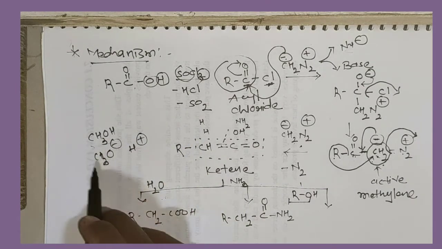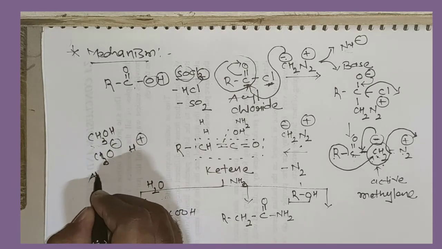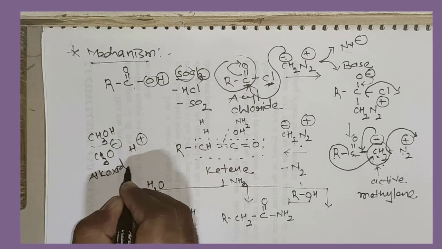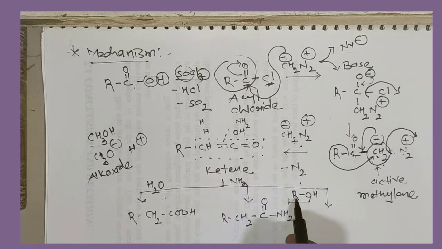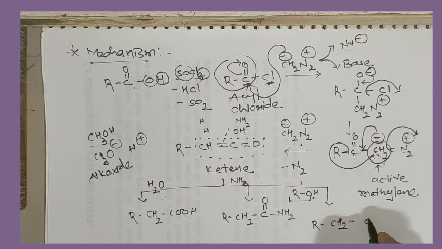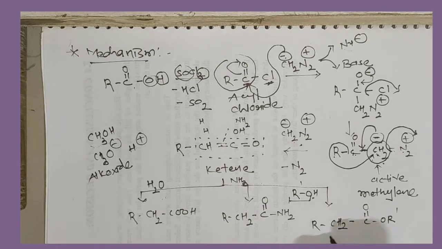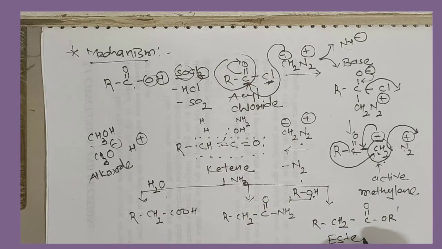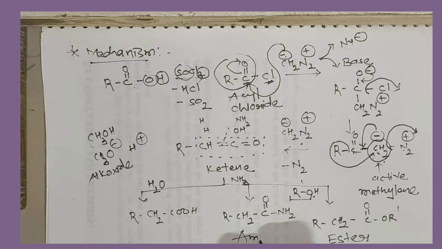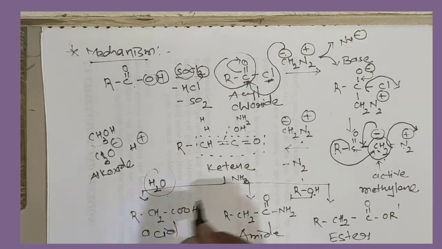In the case of alcohol, RO minus is alkoxide. The general name of this molecule is alkoxide. So one side is RO minus and the other side is H plus. So the final product is RCH2CO as it is, attached with the OR dash. So it may be an ester, an amide, or an acid, depending on the reagent.